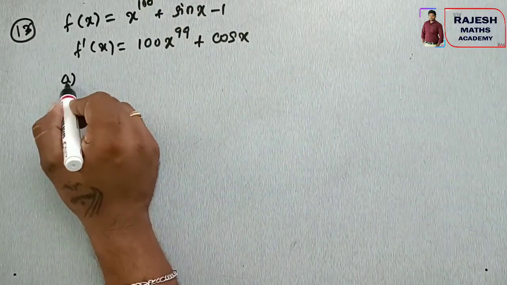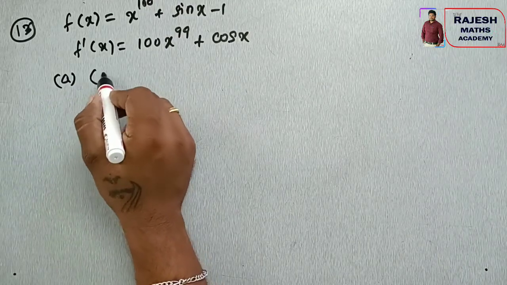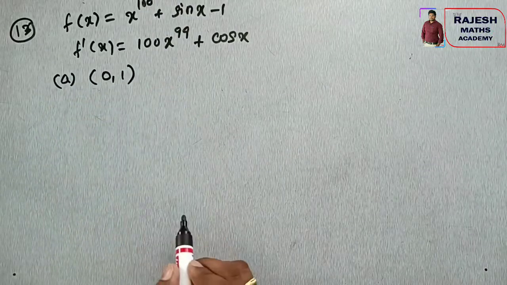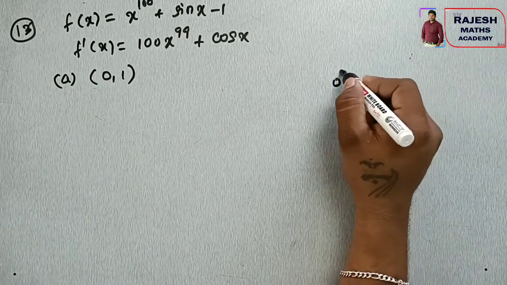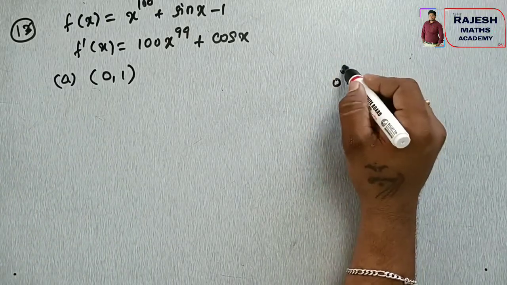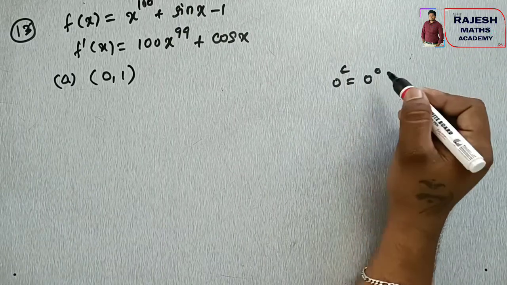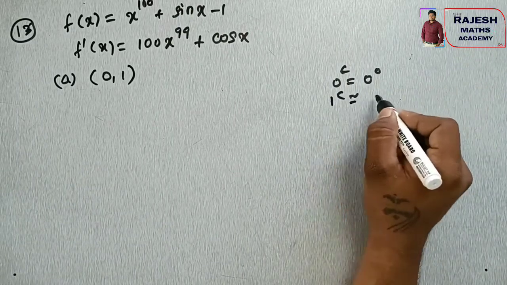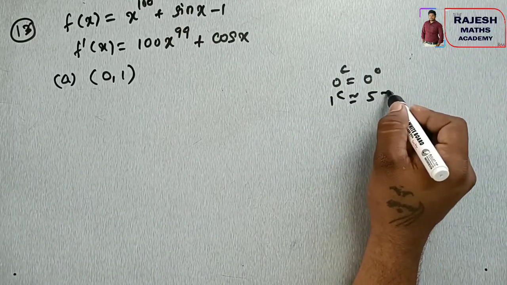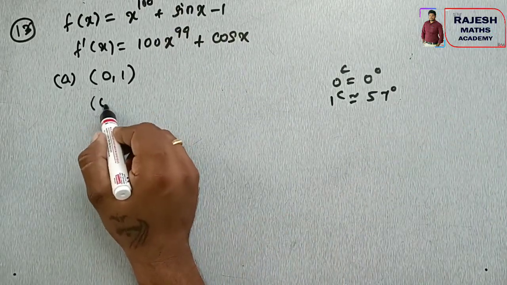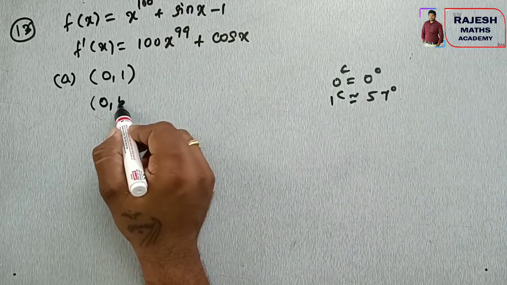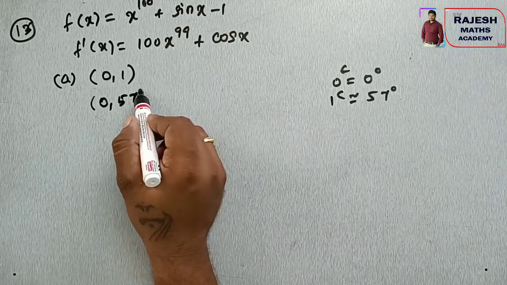Now what is the first interval given here? The first interval is 0 to 1. We know that 0 radian equal to 0 degree, and 1 radian is approximately equal to 57 degree. So our interval is clearly 0 to 57 degree.